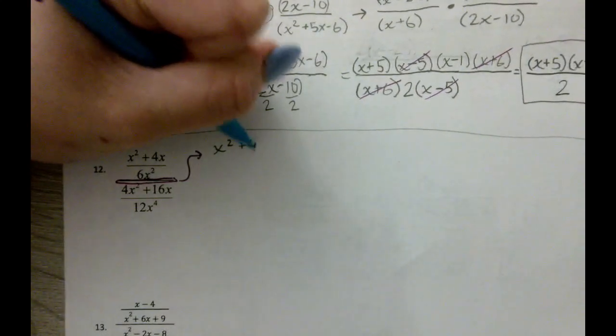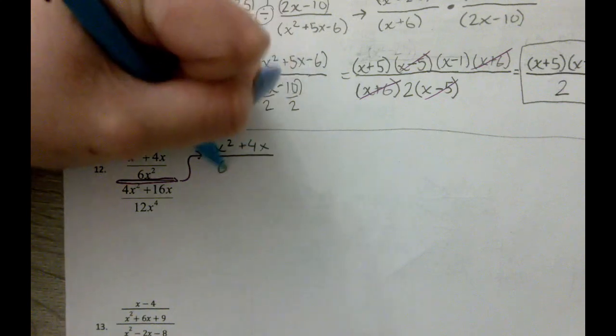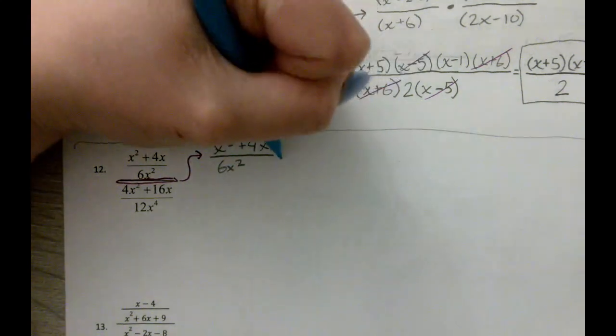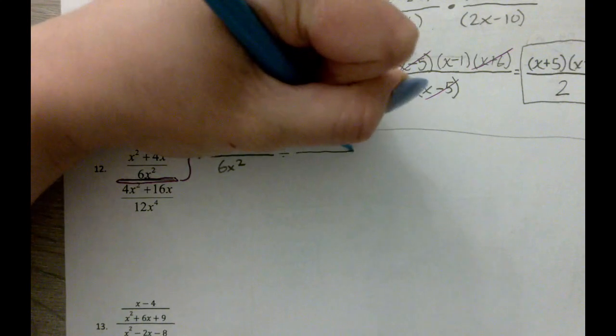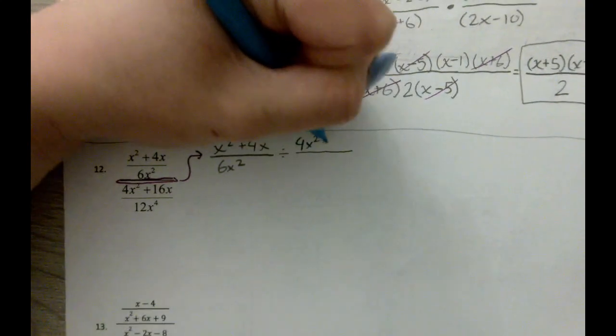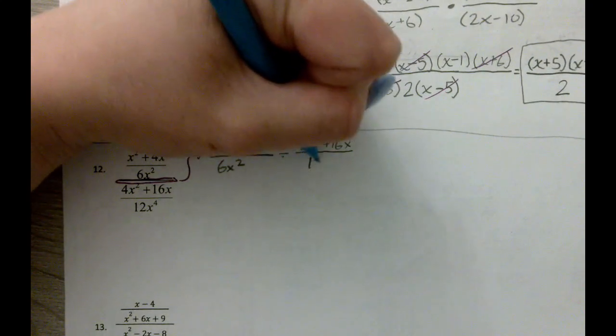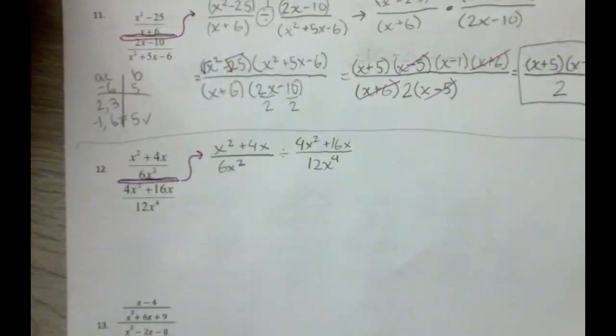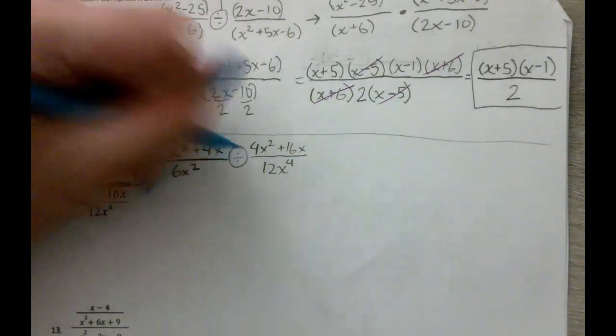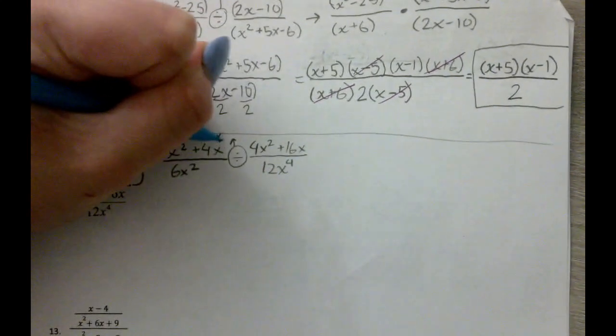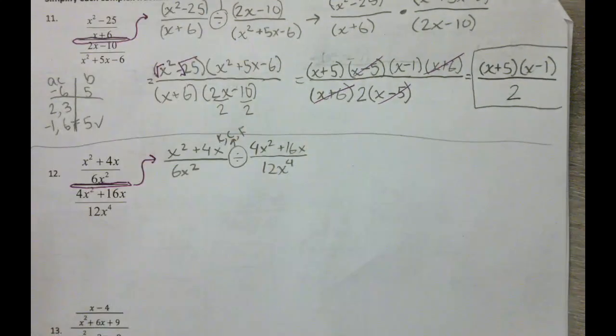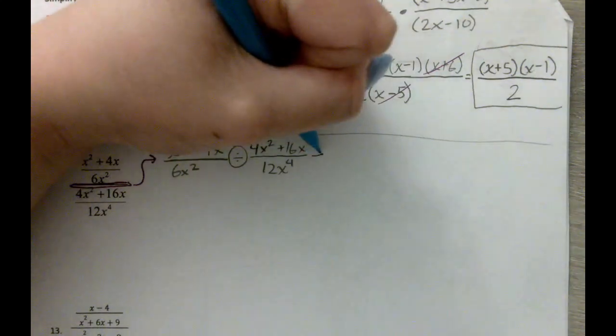X squared plus 4x over 6x squared divided by, we're not changing anything yet, 4x squared plus 16x over 12x to the 4th. Now we have division. So again, keep, change, flip. So rewrite it again.